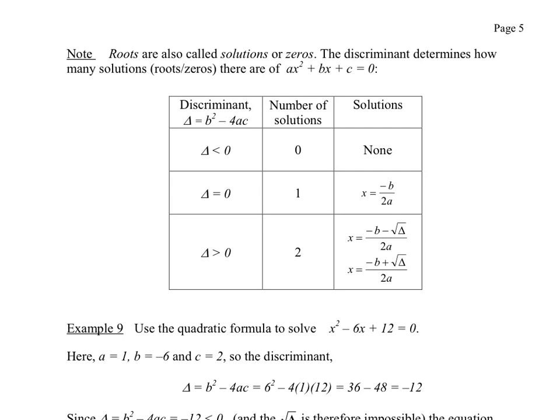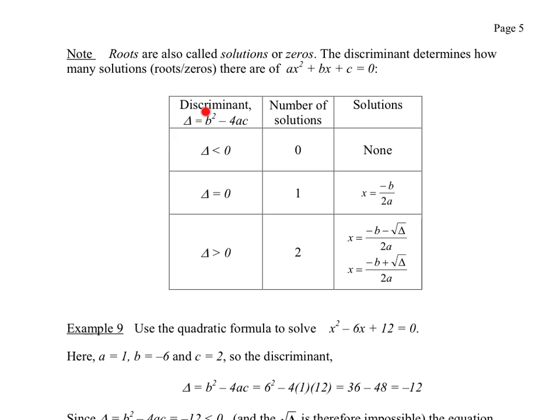It's the discriminant, that delta, the b squared minus 4ac, that can tell us whether we're going to have 0 solutions, 1 solution, or 2 solutions. If the discriminant is negative, then we're trying to do the square root of a negative number, and that's not going to work. Remember the quadratic formula had the square root of b squared minus 4ac in it.